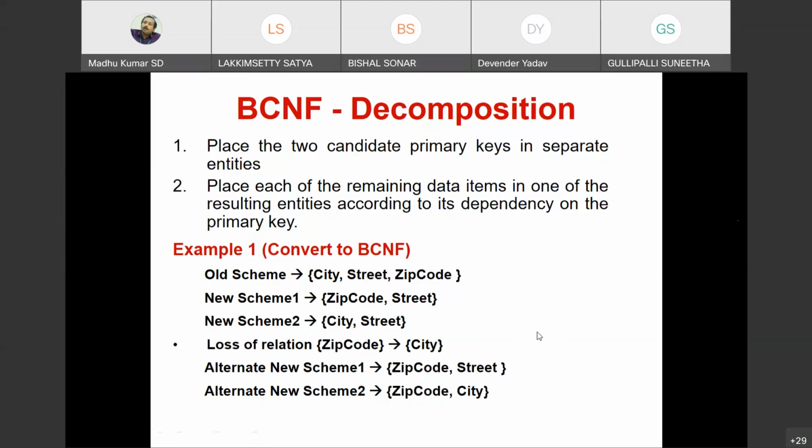Mekha, is the functional dependency that pin code determines city, sorry, pin code determines street, or I can say pin code determines city is there, pin code determines street is there.